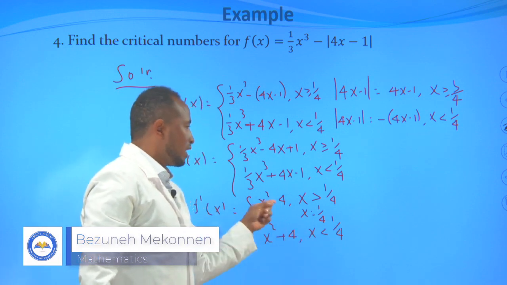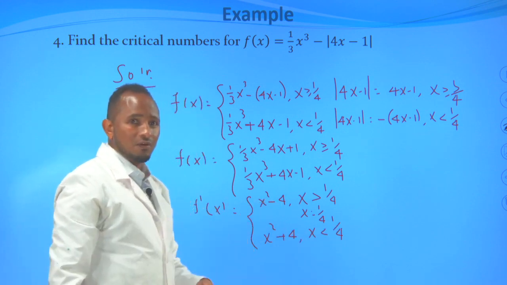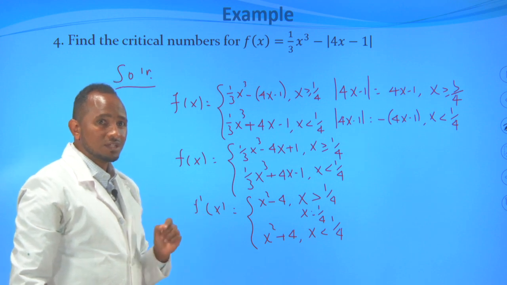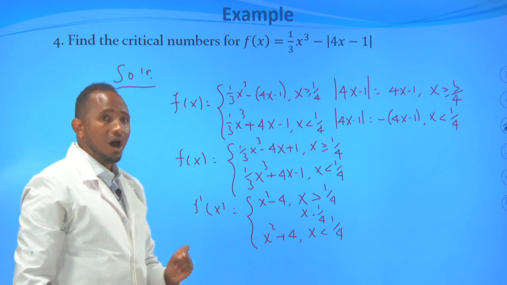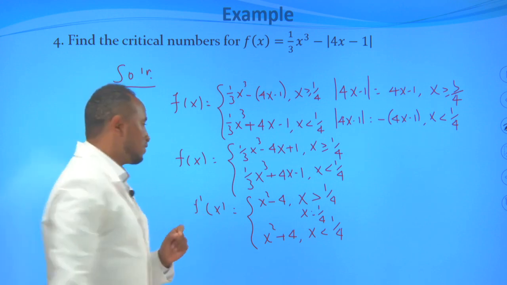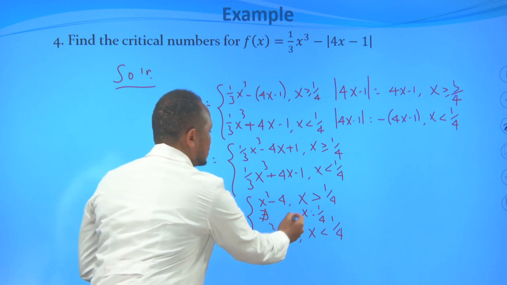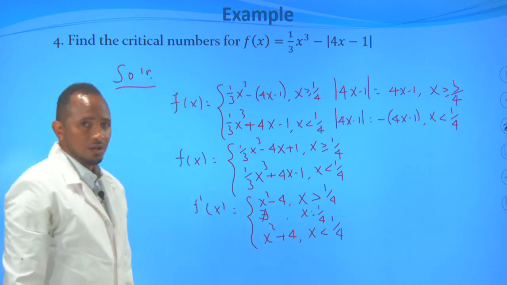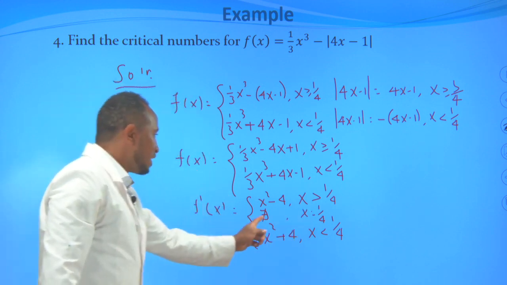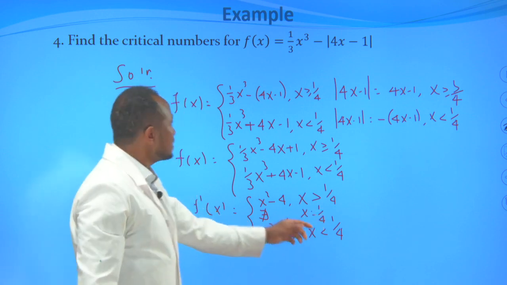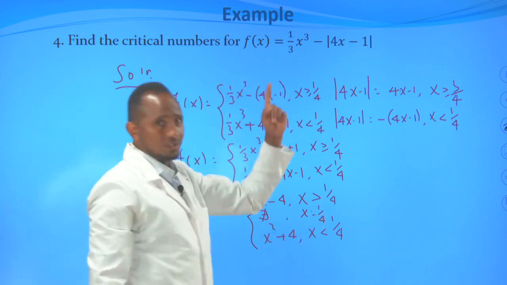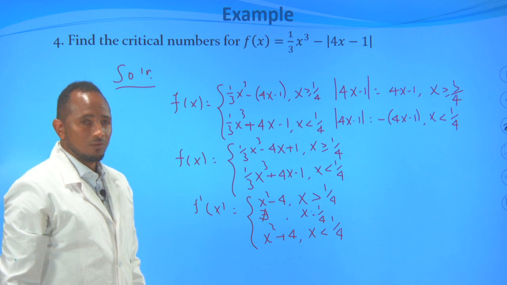These two are not equal at 1 over 4. Therefore, the derivative of this function does not exist at x equals 1 over 4. So we have one critical number, 1 over 4, since the derivative does not exist at x equals 1 over 4.